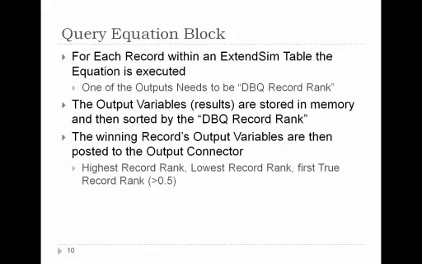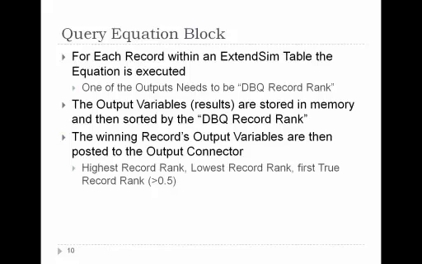From that execution, one of the outputs needs to be the database query rank result. The output variables for each record are stored in memory and then sorted by the DBQ record rank. The winning record's output variables are then posted to the output connectors or stored in attributes.